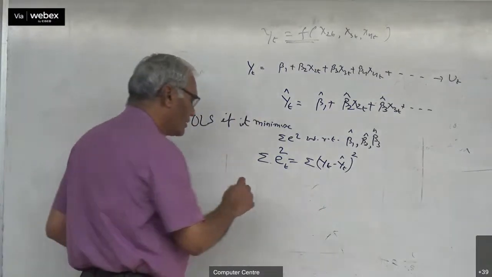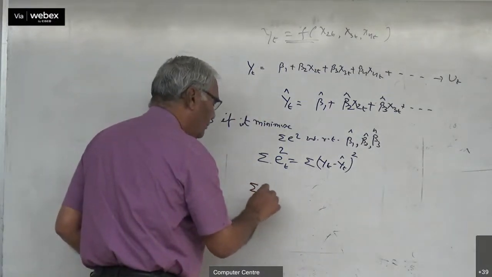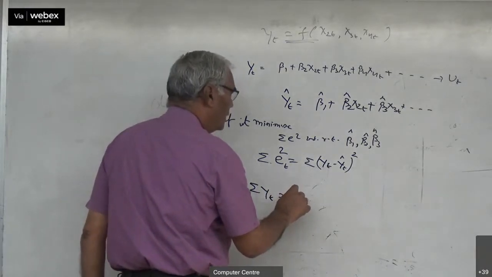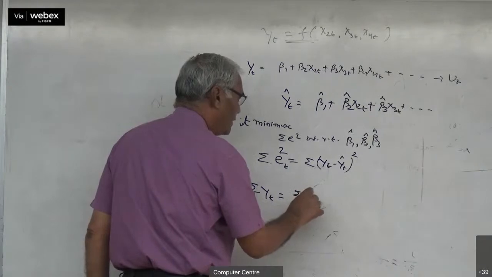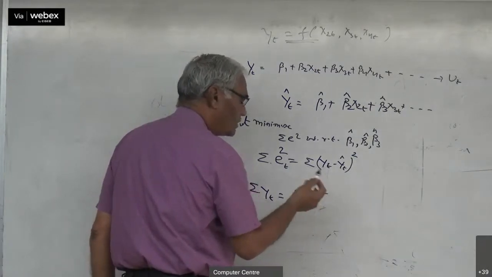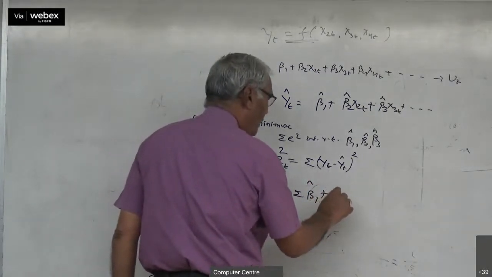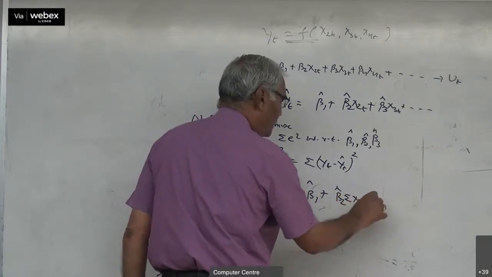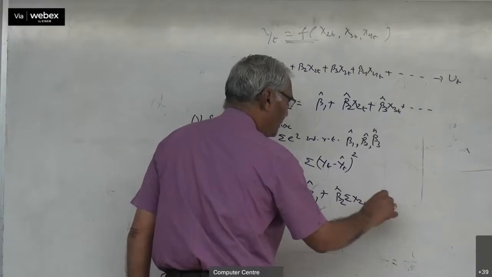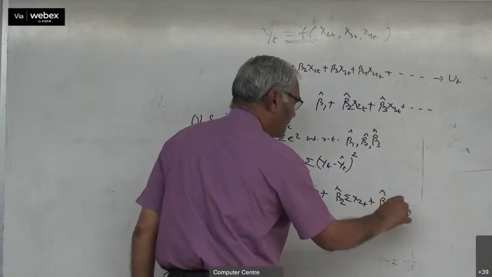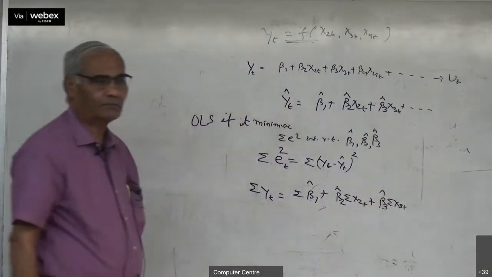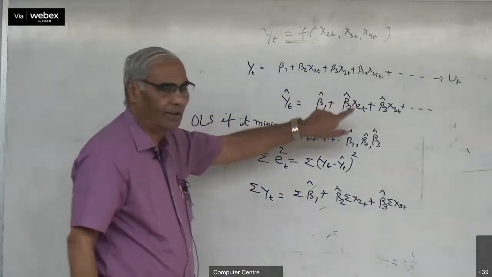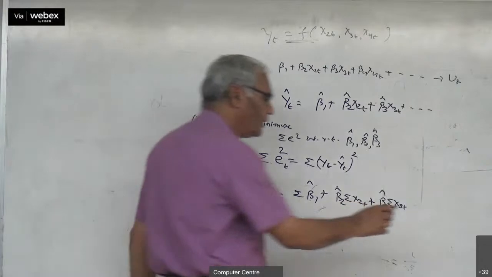और ये नॉर्मल इक्वेशन बहुत आसान है। सबसे पहले put summation yt is equal to summation b1 cap, of course estimated value है, b2 cap summation x2t plus b3 cap summation x3t. केवल समेशन का निशान लगा दीजिए इस पहली इक्वेशन में, that will become your first normal equation.